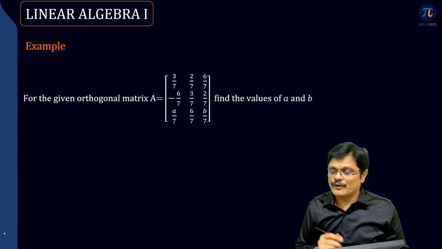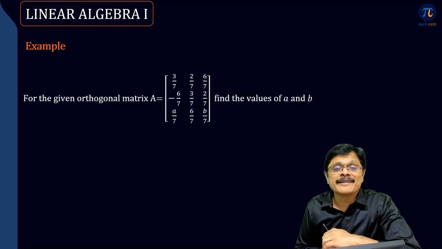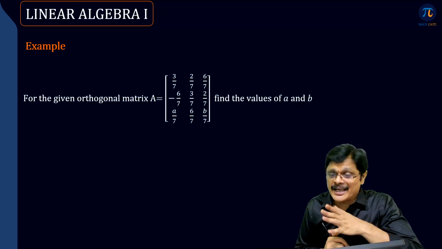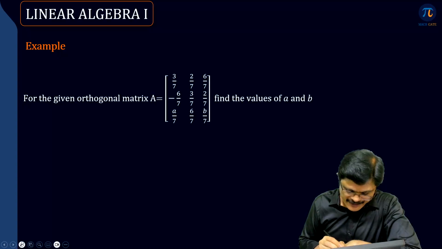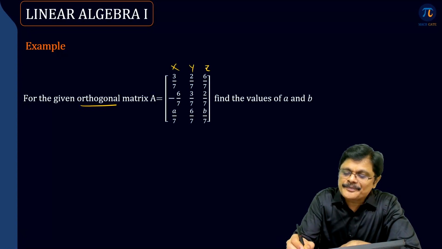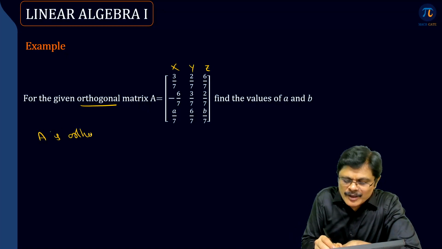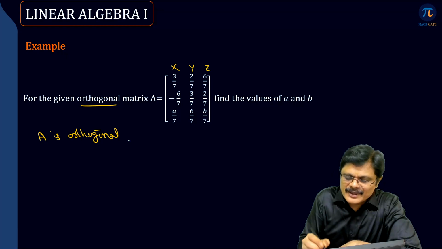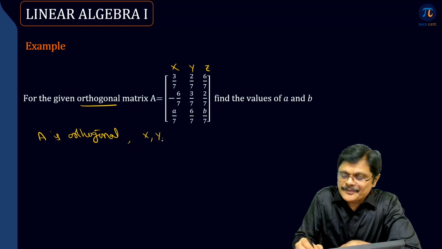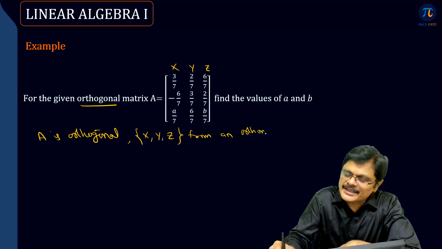Now, this is a wonderful question. He says this matrix is orthogonal. You need to find the values of a. Once he clearly mentions it is an orthogonal matrix, it means the columns form an orthonormal set.